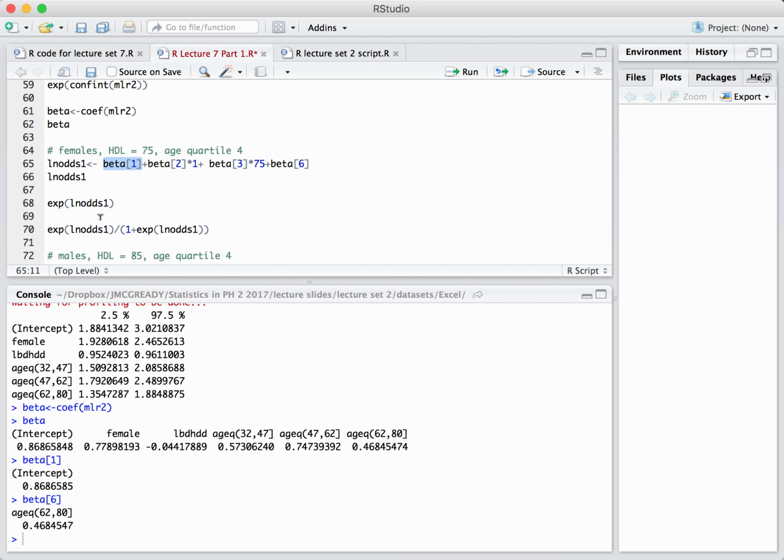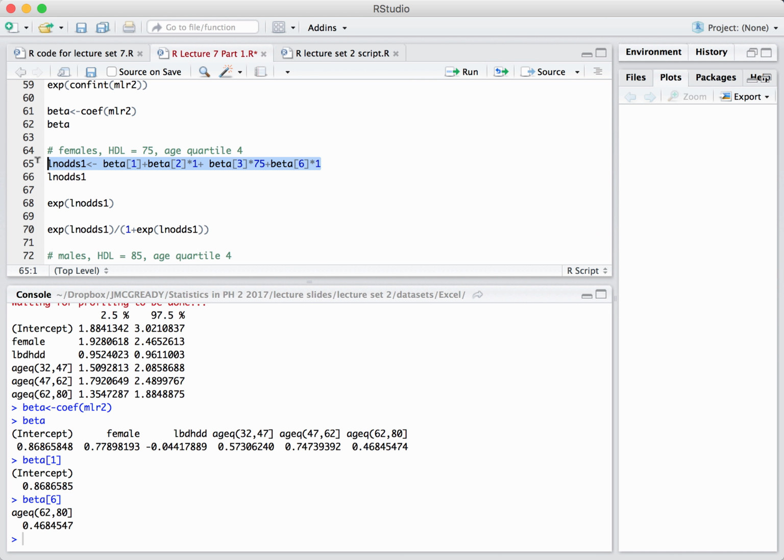So I would take the intercept, which is the first column of that beta object, plus the slope for sex, which is the second column of that beta object, so beta square brackets 2 times 1 because we're looking at females, plus the slope for HDL, which is the third column of that beta vector, multiply that by 75, the value for the group we're looking at, and then because they're in age group 4, the only indicator activated for age quartiles is that for age quartile 4, that's the fifth X and the sixth beta column in our beta object, so I would add that. Technically I'm multiplying it by 1, and just to be consistent I will do that.